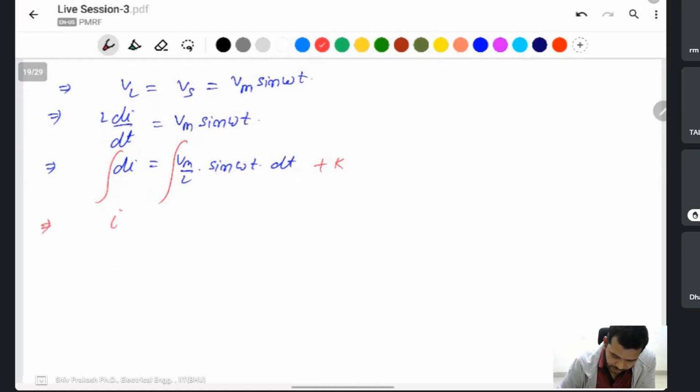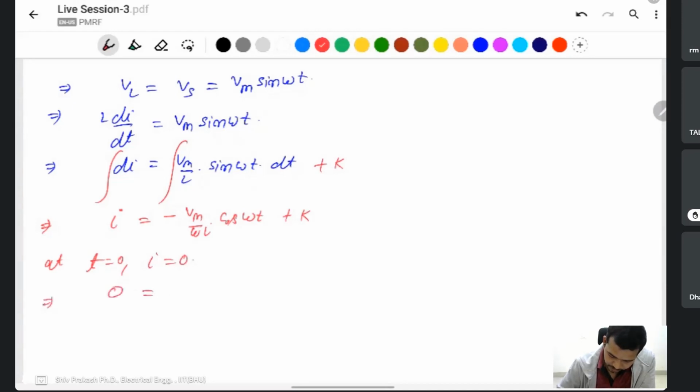The current is minus Vm by omega L into cos omega t plus k. Initial current is not given, which means it is 0. So at t equal to 0, I is 0.